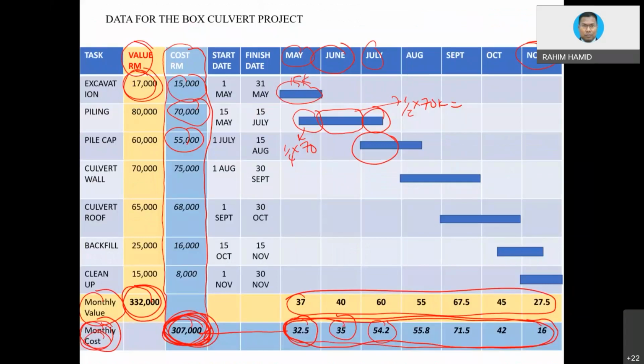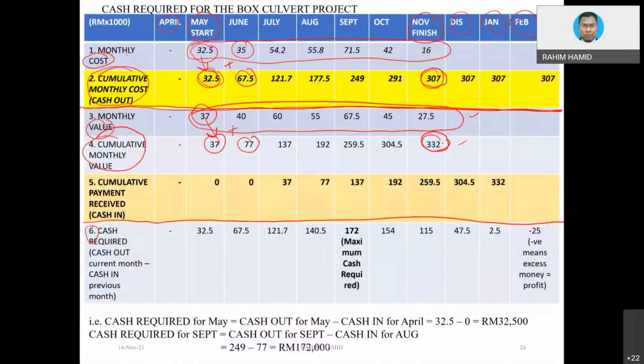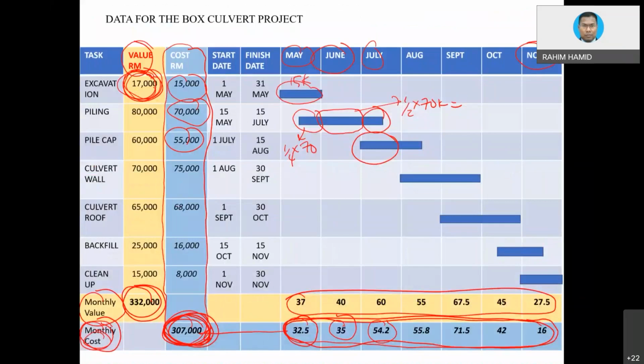So by right, this is what you are supposed to work to do, and this is what the client is supposed to pay you. As simple as that. So in this scenario, we already have the cumulative value based on the classification of activity there. Okay, fine.